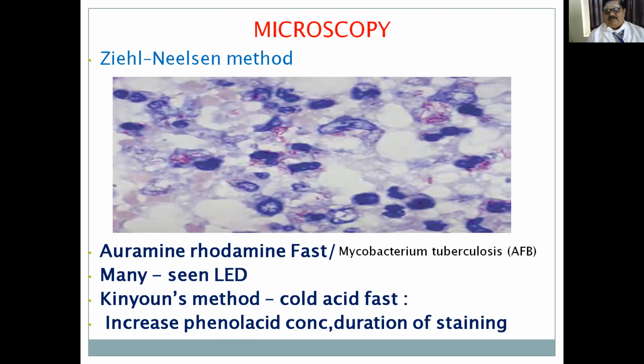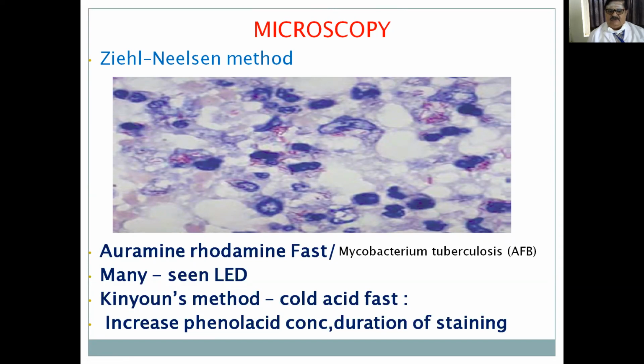If you do microscopy, this is how the picture is. You see the bacilli at the arrow-pointed areas, as we have already told you. You also can do a fluorescent technique. What is the use of the fluorescent technique? The eyes get strained locating Mycobacterium tuberculosis with only the Ziehl-Neelsen method.